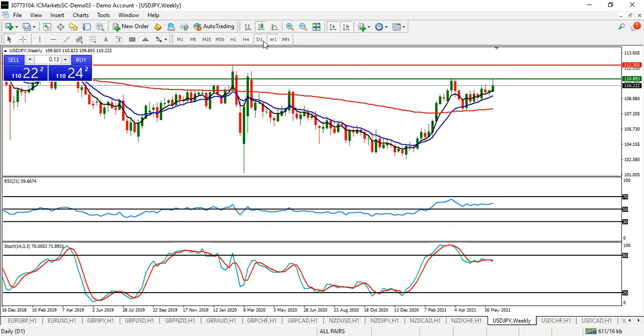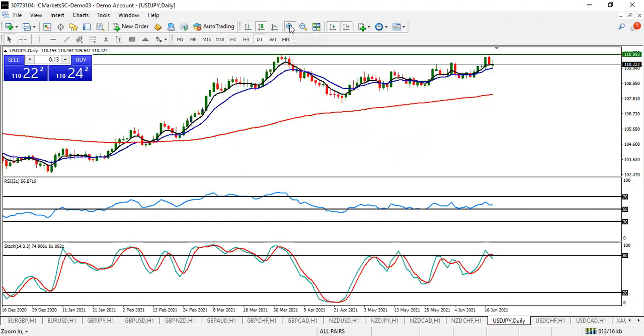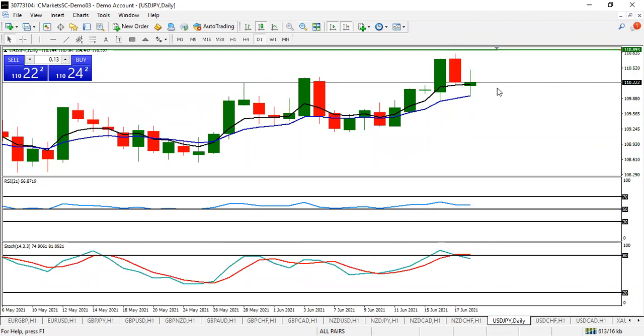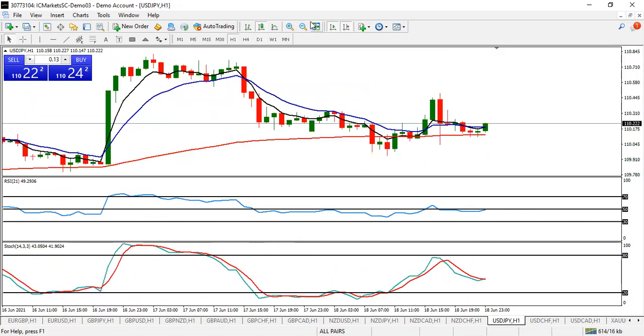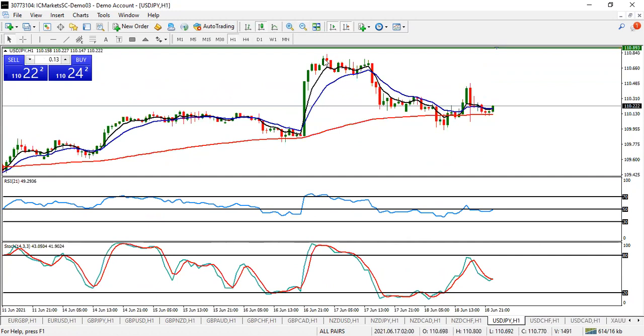If that happens and the red resistance eventually gets broken, we are heading to the red resistance if the green resistance gets broken. The daily candle is green, but not a healthy one. With this in mind, we want to be careful with this pair, guys, because it has returned from a significant resistance area.